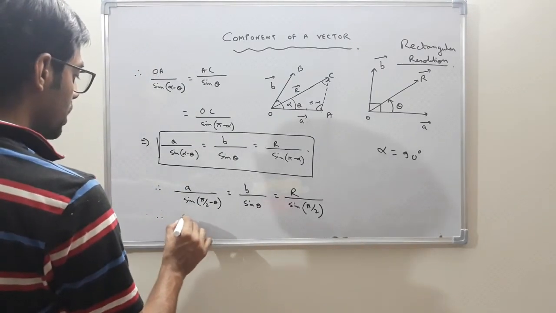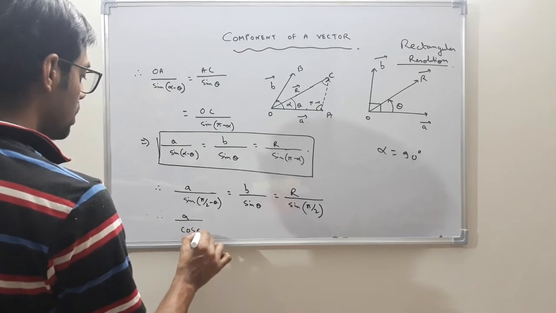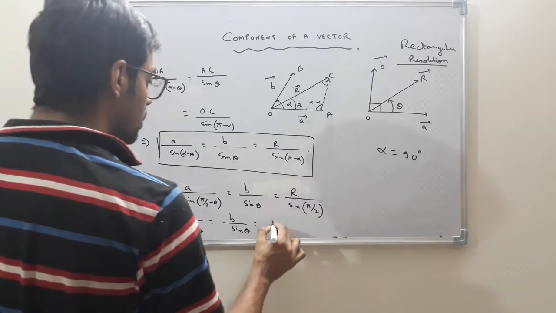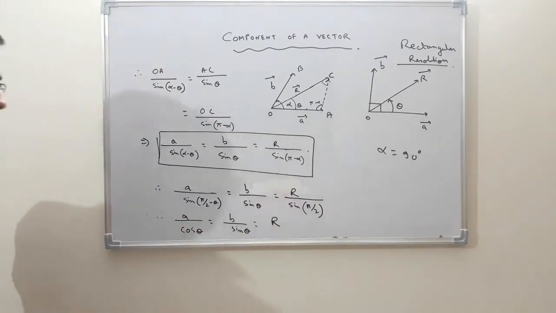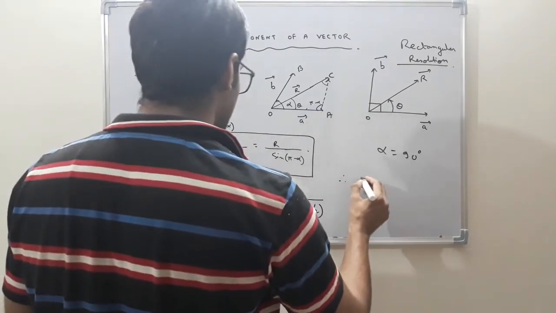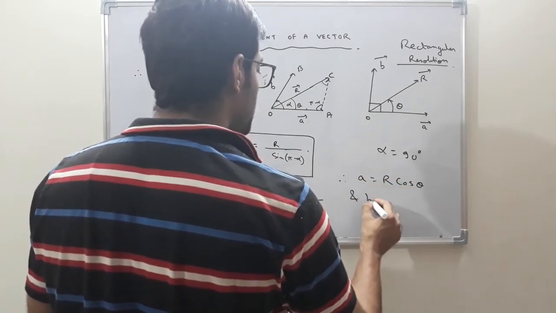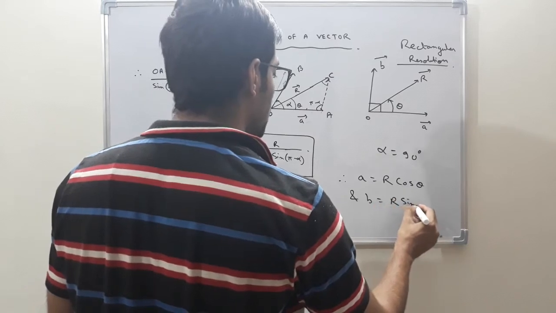Therefore, we can write A by cos theta equal to B by sine theta equal to R. Therefore, from this you can get A equal to R cos theta and B equal to R sin theta.